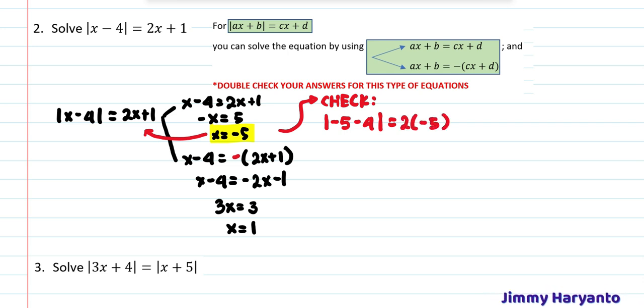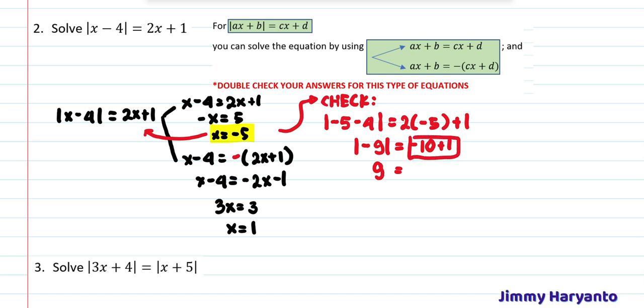You replace the x with negative 5, just like that. So this one will be negative 9 in the modulus value, and then this one is negative 10 plus 1. The result of this one will be 9. Then the result of this one will be negative 9. And as you can see, the result is not the same. That means x equals to negative 5 is not valid, or you can say that it is not a solution.